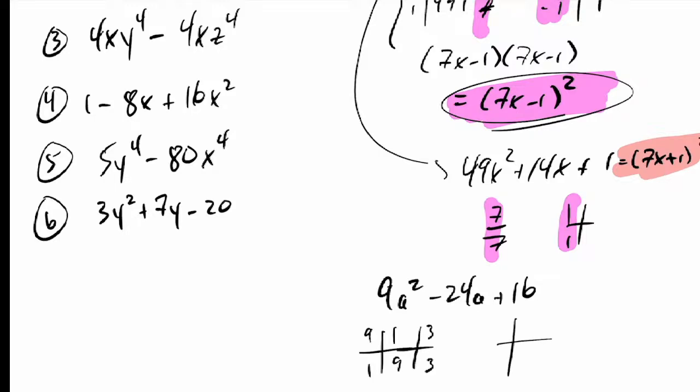And again, because that's 16, I'm going to have to go negative 16 and negative 1, negative 8 and negative 2, negative 4 and negative 4. You'll find the combination that works here is this one. So this will factor into 3a minus 4 times 3a minus 4, which is exactly your 3a minus 4 squared.